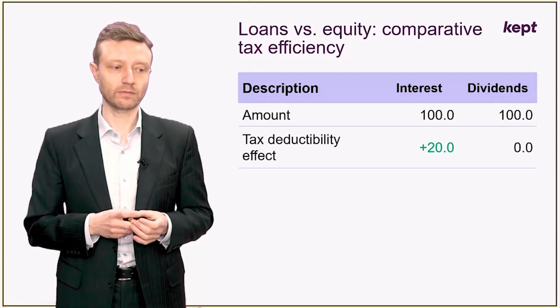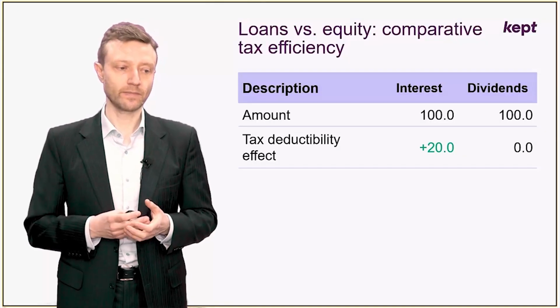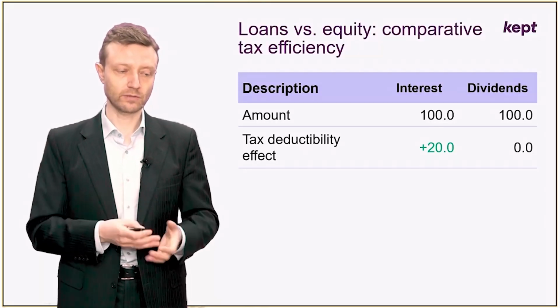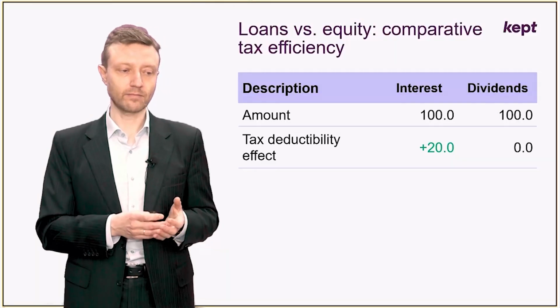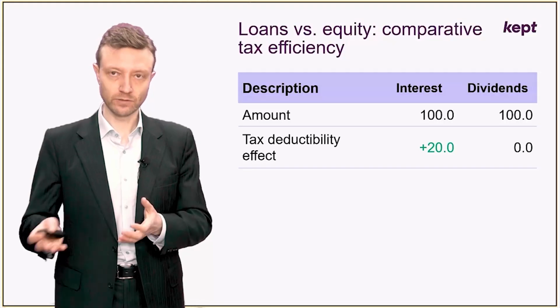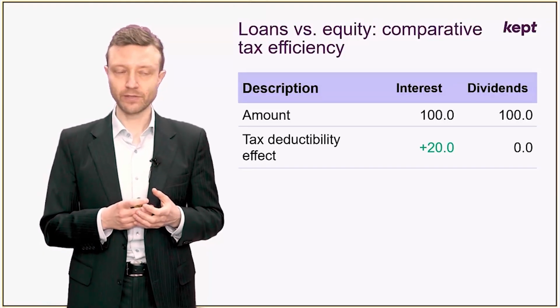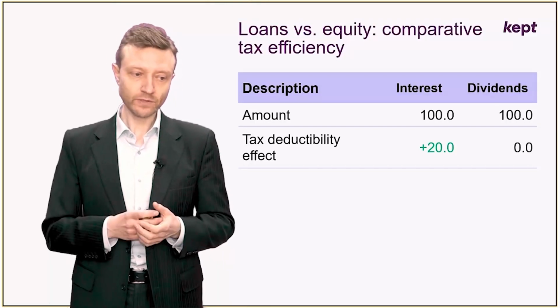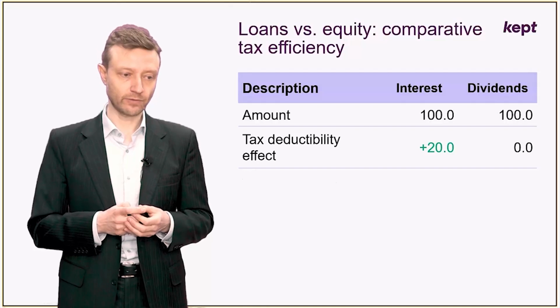In this table, the interest deduction is accounted for by reflecting 20 units of deduction based on the tax rates in the country where the operating company is located. For dividends, there is no deduction. This is why the tax deductibility effect is zero.